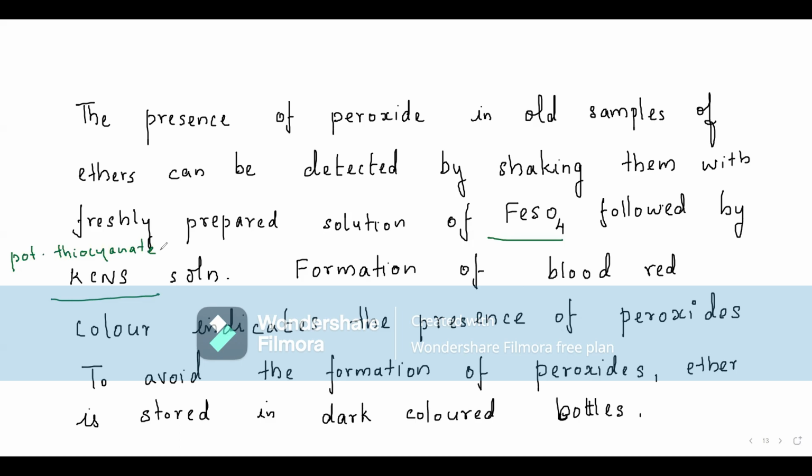If you get a blood red coloration, that indicates your ether has peroxide in it. Now, peroxides are explosive, so you need to remove the peroxide before you perform any reaction with ether. To avoid the formation of peroxide, as I already told you, ether can be stored in dark colored bottles.